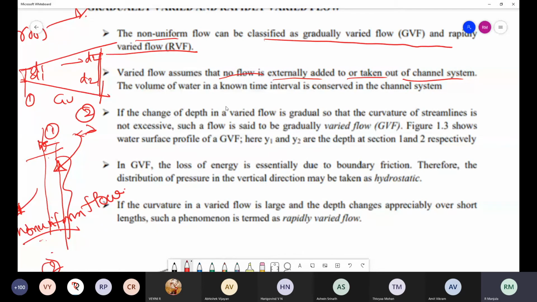We'll finish gradually varied flow first, then we'll come to the other. If the change in depth of the varied flow is gradual, so that the curvature of the streamlines is not excessive, then this type of flow is called gradually varied flow. Y1 and Y2, I have put as D1, D2.